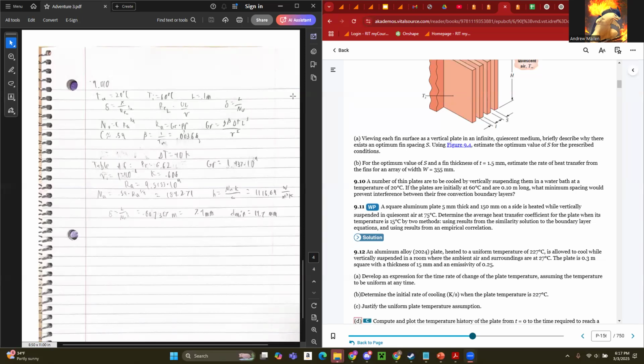Now, in this instance, we can use a Nusselt equivalence using the Rayleigh number. There's a constant 0.59, so the Nusselt number is going to be equal to 0.59 times the Rayleigh number to the 1/4 power.